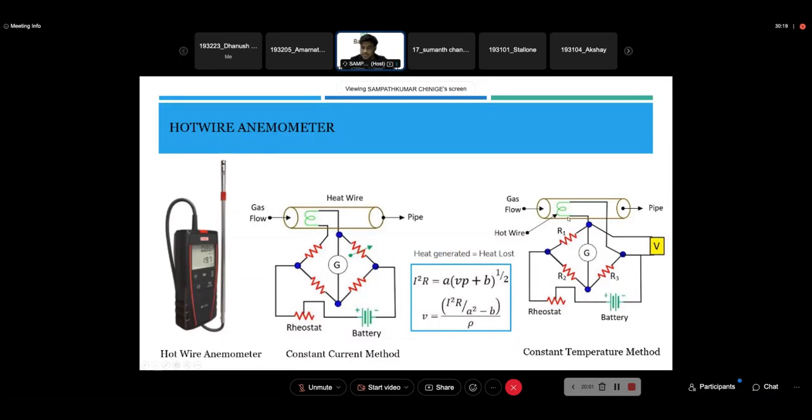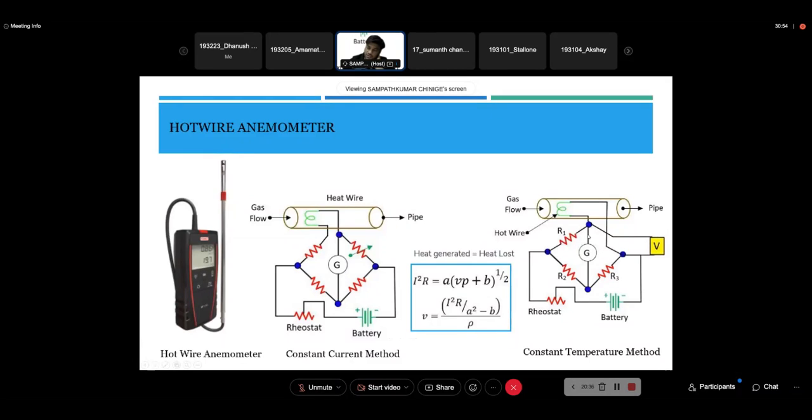The difference here is that because of the flow, the temperature of this resistor is reduced, therefore the resistance is reduced, and by suitably adjusting the rheostat provided over here, the resistance is again brought back to the same value. So if the ratios of the resistance are balanced such that your G will be brought to the same value, then when your rheostat is changed, your current is being altered.